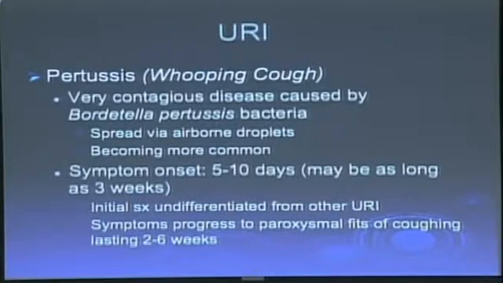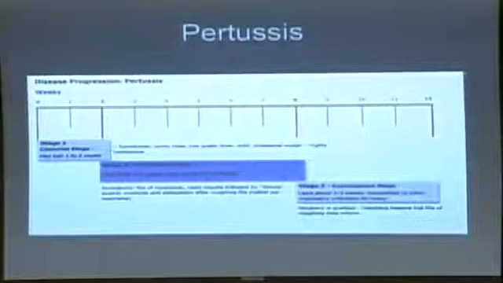Symptom onset from exposure is 5 to 10 days, although some people allegedly go as long as 3 weeks. Usually bacterial things are a 5 to 10 day incubation. It starts out as a simple upper respiratory infection. Runny nose, weepy eyes, upper congestion, a little sneezing, coughing, and the symptoms progress to fits of paroxysmal coughing.